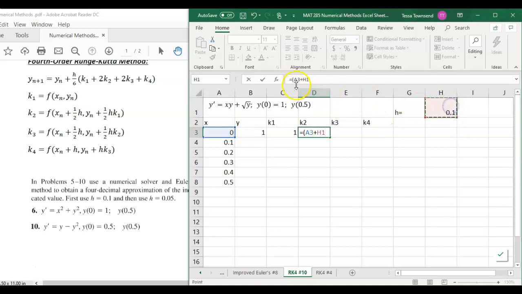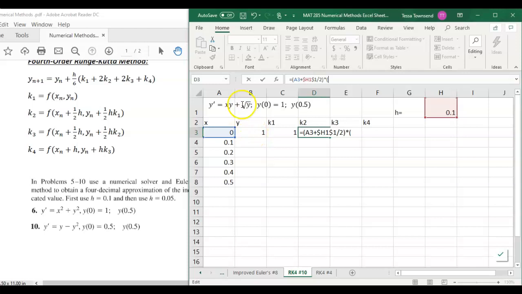So plus our step size divided by 2. Okay, so there's my x value. Now I need to multiply that times the y value. Our y value is going to be that current y plus half of the step size times K1. And notice I'm having to put all that in parentheses because it's really just x times y for the first piece.